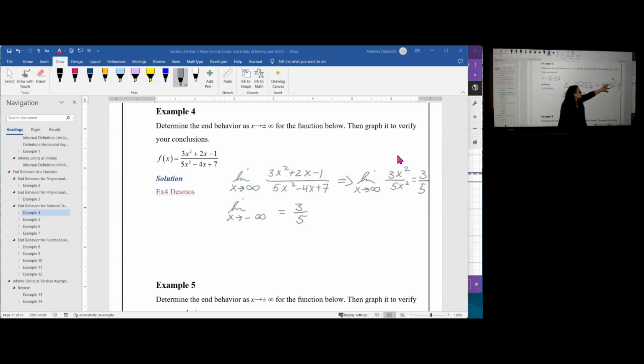Don't forget to include the leading coefficients. They do have a strong effect on the graph when they're attached to that highest degree term. The x squareds cancel, and I get 3/5. That means on the far right, it approaches the horizontal line, y equals 3/5. Because nothing would change when I approach negative infinity, I also get 3/5 on the left end behavior.